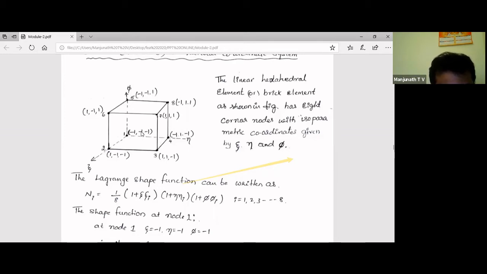If it is -1 here, then at node number 4 the value should be 1. Clear? Similarly, consider this element, node number 3 and node number 4. Here we have already taken these two values, and this is how we got these values and the psi values. Just see here.